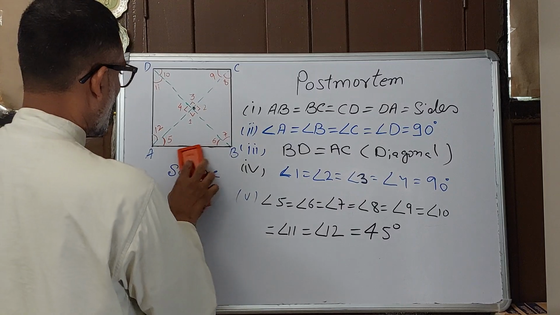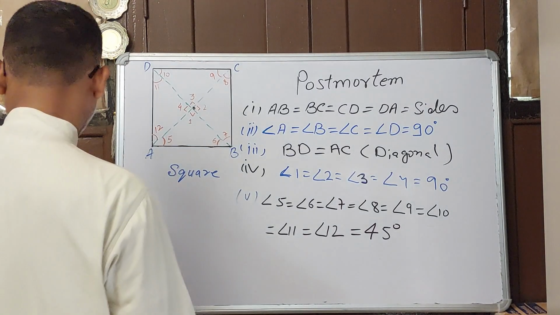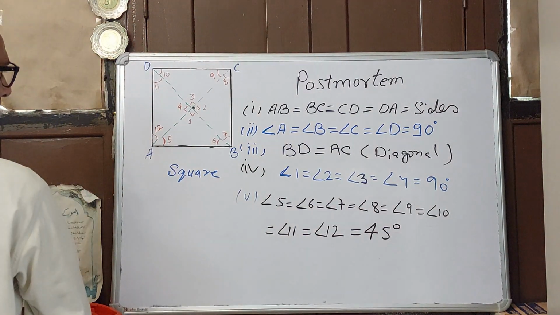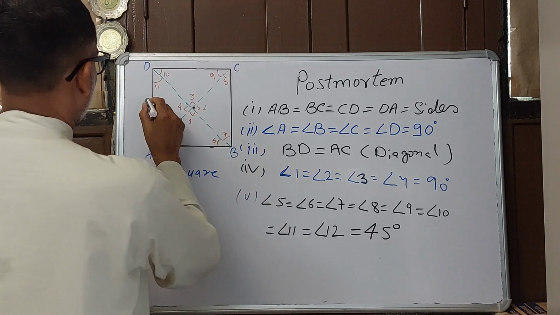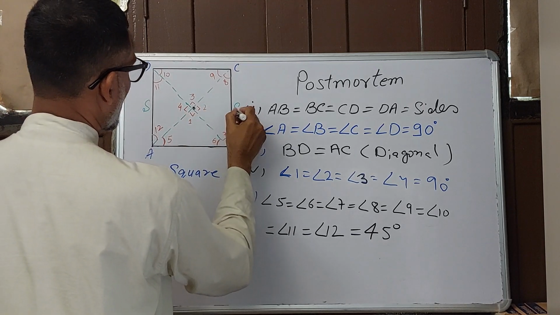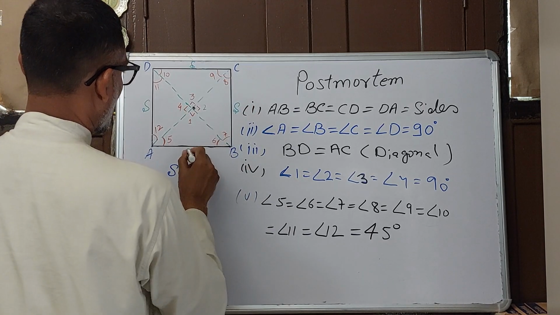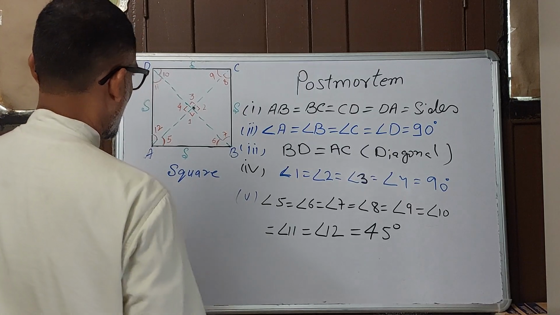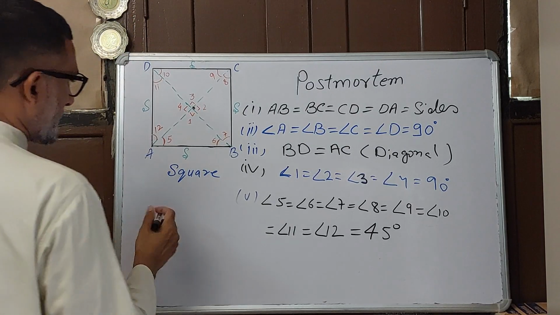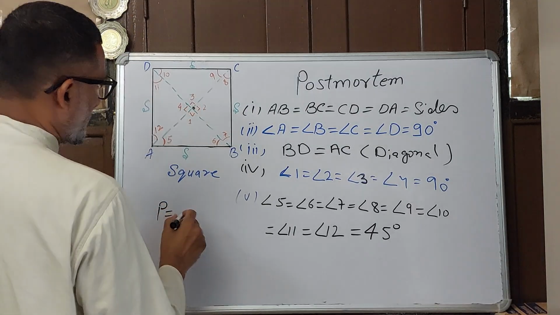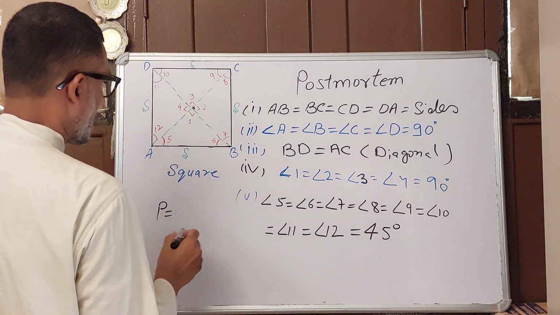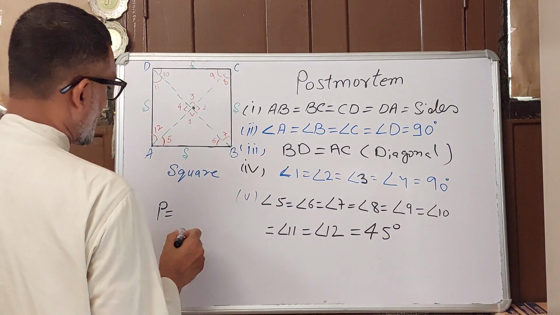For a square, this is also a side, this is also a side, all are equal. But for the perimeter, what we know is that when we add all the sides together, it is the perimeter.